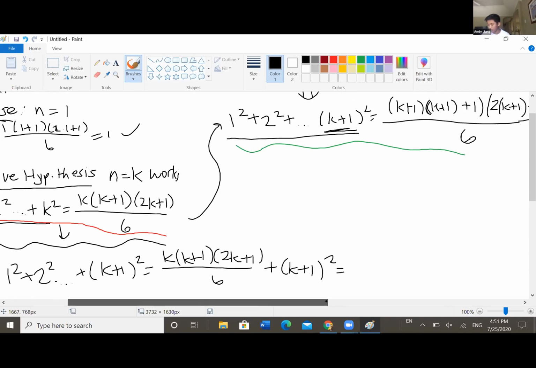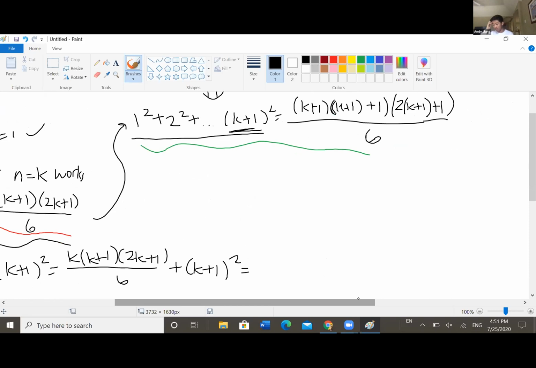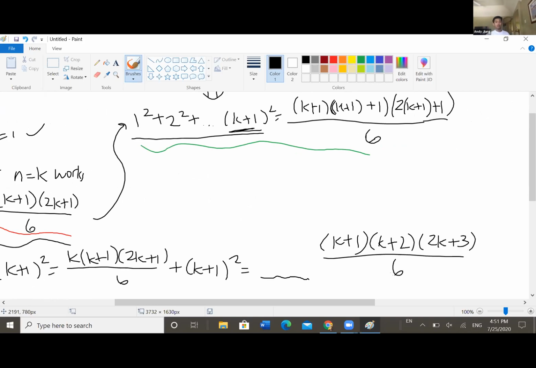And then if I expand this, do a bunch of arithmetic, I actually do in fact get this. So if I do a bunch of ugly math right here, then I get to this final statement.